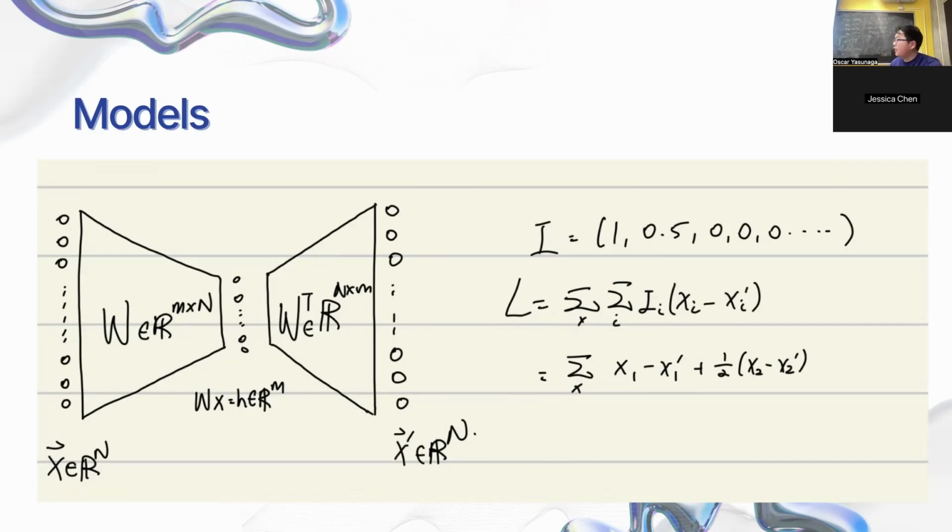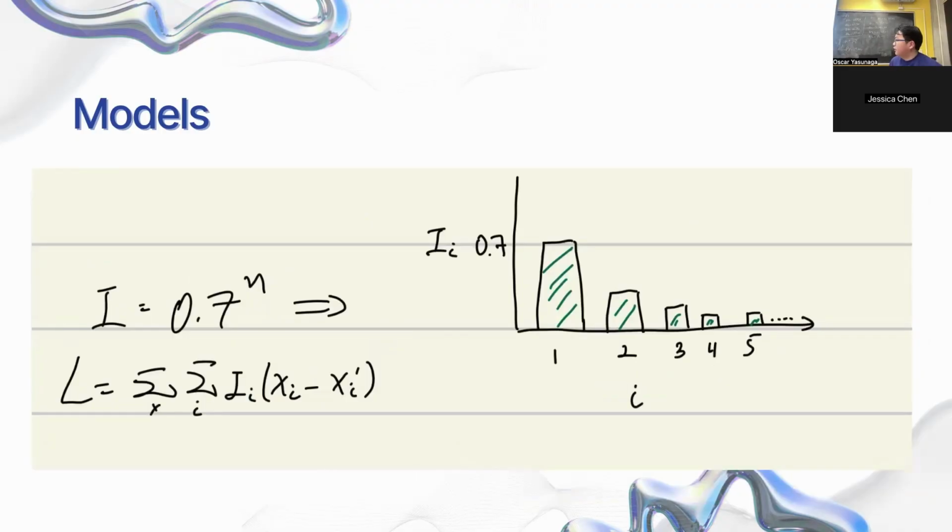With this in mind, this loss function gets summed up over the entire index of the feature vector, and then you also sum up over every single training example X. Here, you have a different importance function. It's 0.7 to the i, right?